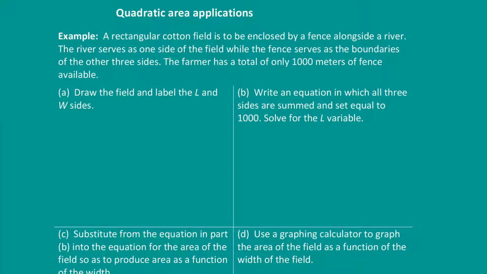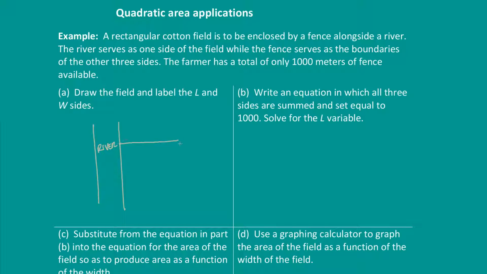So first thing you should do for all of these word problems is draw out what you have. So we've got, looks like a river right here. So let's just identify that as our river. So it's one boundary, and it's going to be a rectangular field.